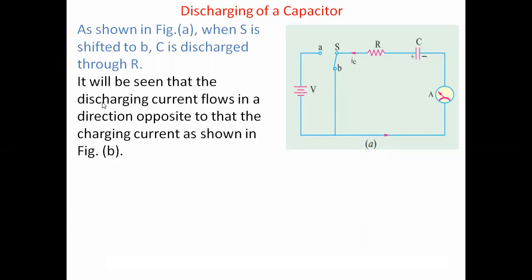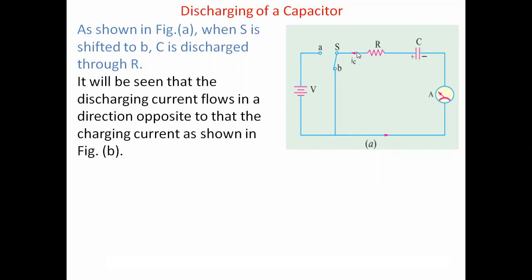It will be seen that the discharging current flows in a direction opposite to that of the charging current, as shown in figure B. In the previous case, the current flows in this direction, due to which the capacitor is charged. Now, when the capacitor is discharging, the discharging current is opposite to the charging current.